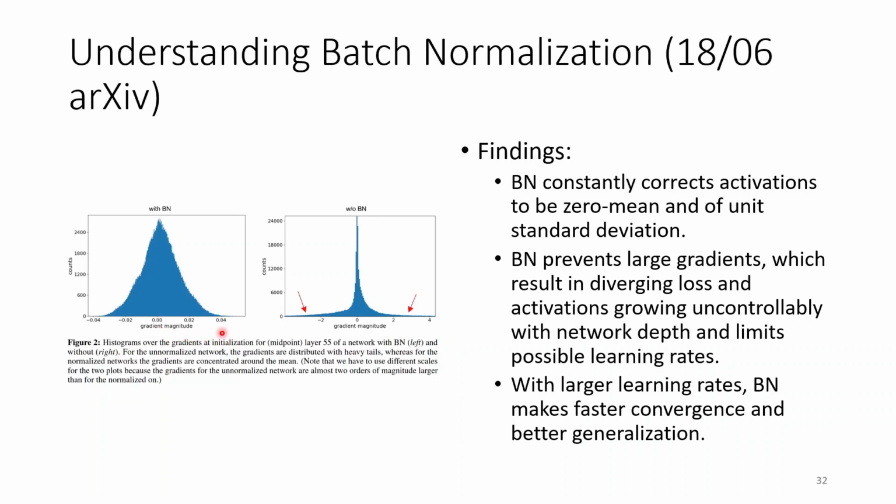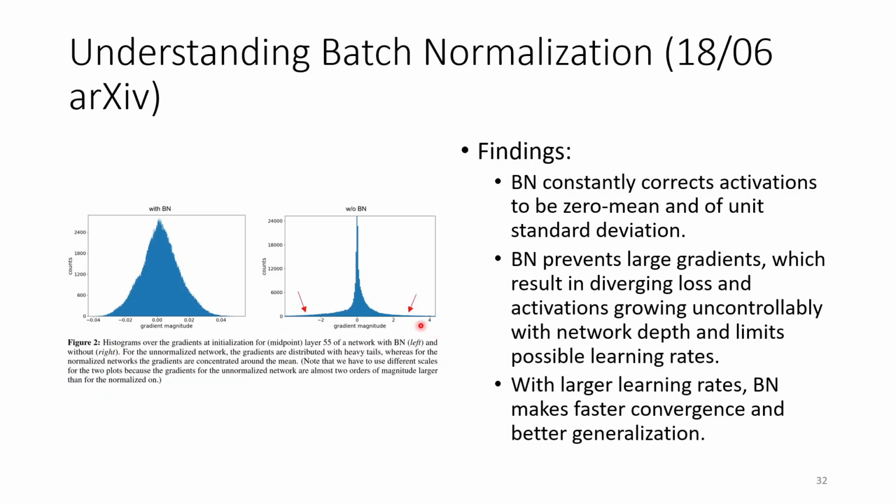They are small values. If they do not use batch normalization, then the magnitude of the gradient goes from 0 to 2 to almost 4. So compared with 0.4, the difference is 100 times.